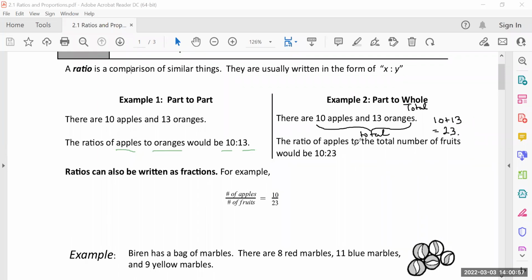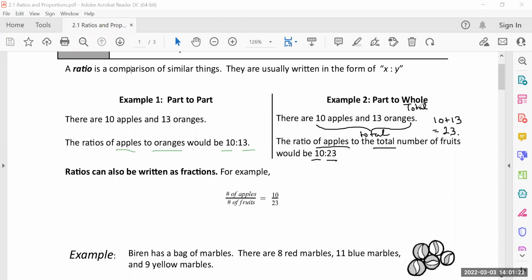The ratio of apples to total is 10 to 23. So far, so good? Any questions so far? It's not supposed to be trick questions or anything. Everyone's okay? Just nod your head. All right.